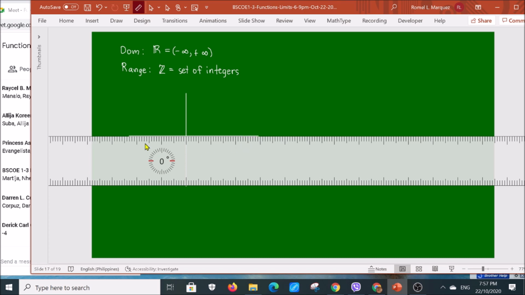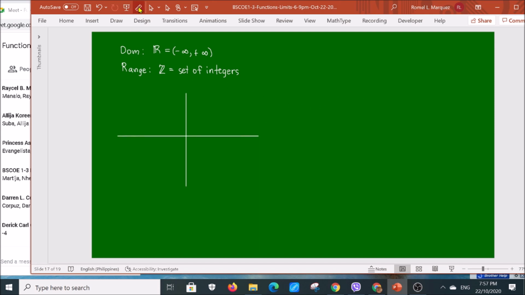Okay? So let's have this. This is the x-axis. This is the y-axis. Let's use another color for the scaling. So 1 here, 1, 2, 3, 4, 5. Let's have up to this, but it doesn't mean up to this only. It goes beyond.